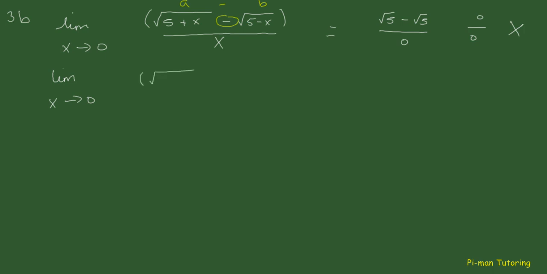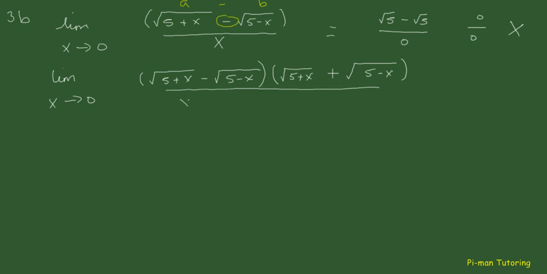So that would be root 5 plus x minus root 5 minus x multiplied by its conjugate, root 5 plus x. We don't change any signs there. Where we change the sign is between the terms. Root 5 minus x. And on the bottom we need to do the same thing to preserve the value of the fraction.